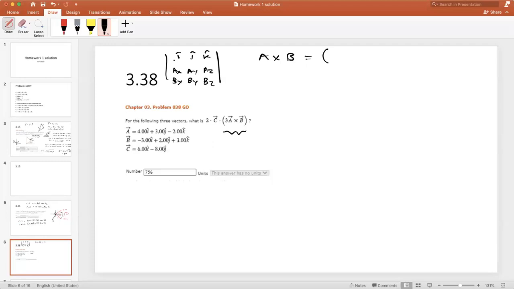Okay. The determinant of a matrix, or what this is for the I component, what you do is you cover up this column and you do a cross product on these four, meaning AY times BZ minus BY AZ. So AY BZ minus BY AZ. And you do that for each column.